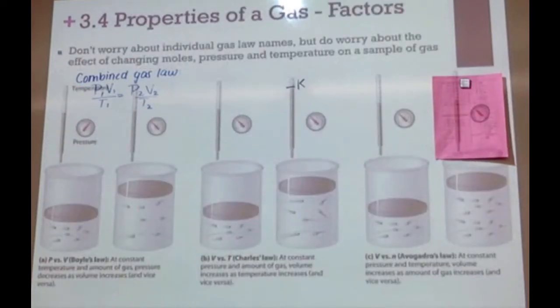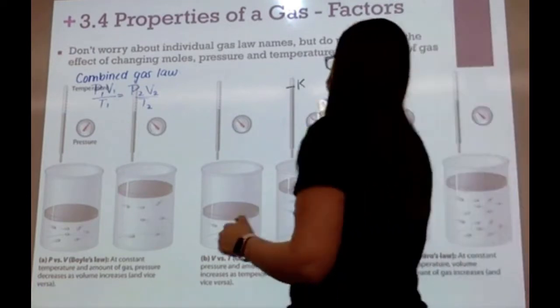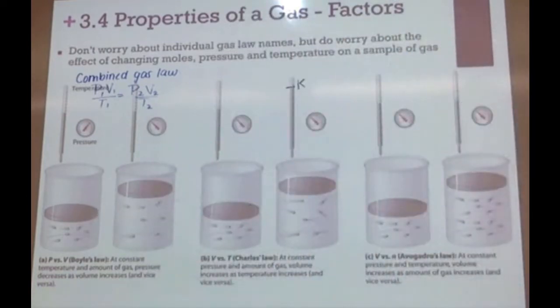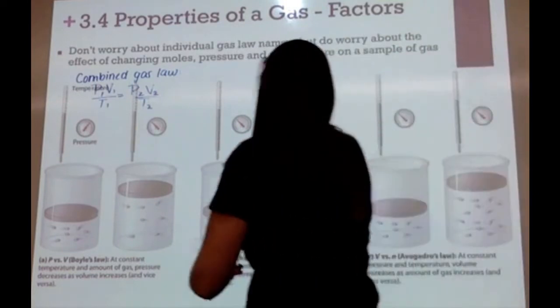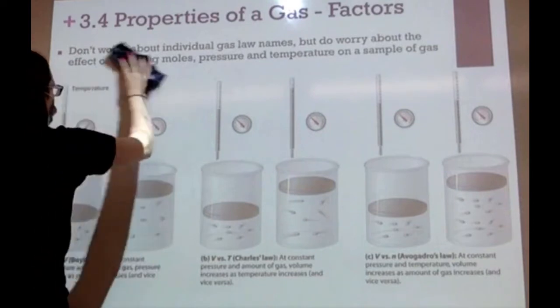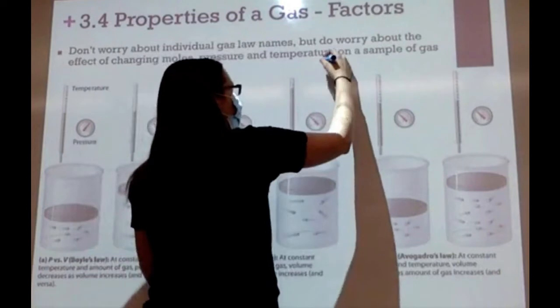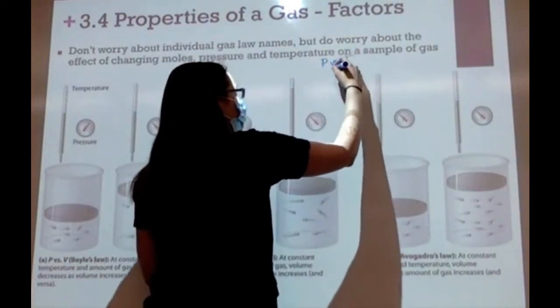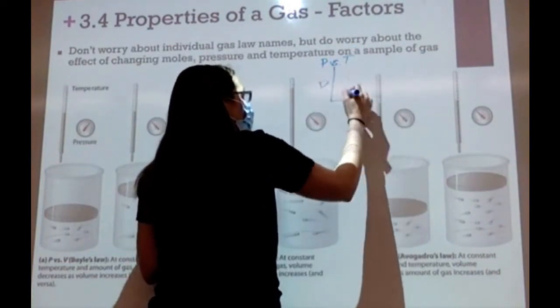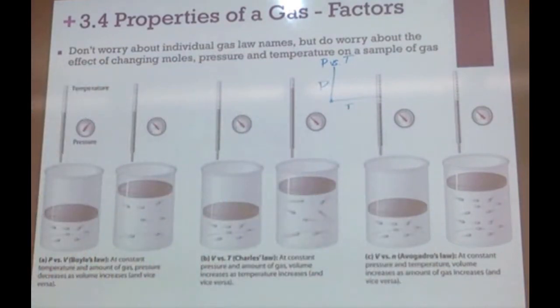So looking at the variables, this is just a quick review of the variables of gases. When it comes to pressure and temperature, it's important that we know how they're related. I'm just going to draw a graph over here, P versus T. If I have absolute zero, there's no movement.